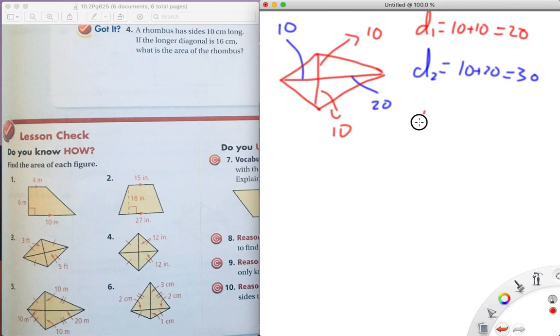So remember that area is equal to 1/2 diagonal 1 times diagonal 2.